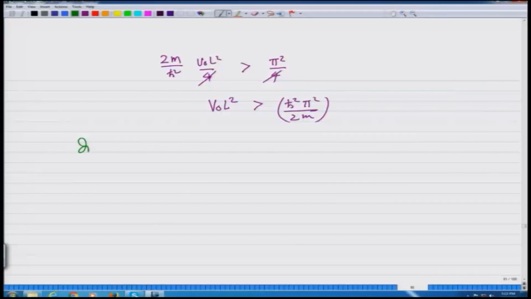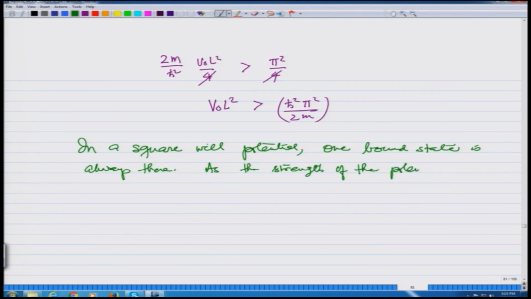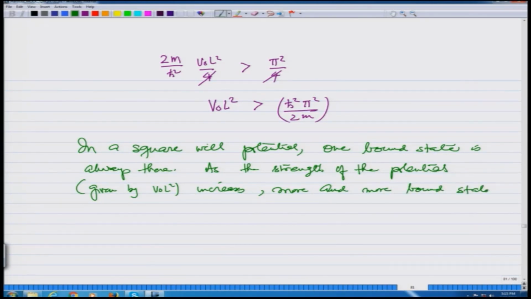So, in this case what we can say is that in a square well potential or finite well potential, one bound state is always there, as the strength of the potential, let us write it, given by V naught L square increases, more and more bound states appear.